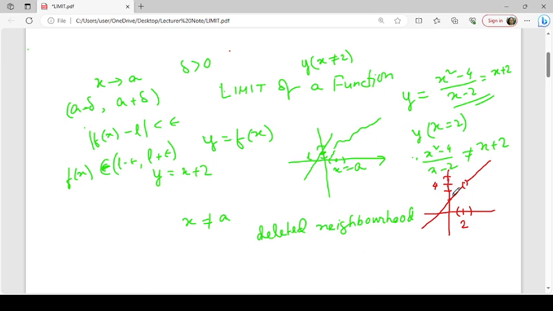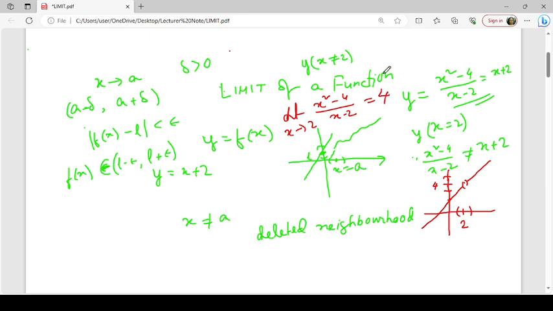So we say this 4 is the limit of f(x). f(x) means this function, x square minus 4 by x minus 2, as x approaches 2. So we write limit of x square minus 4 by x minus 2 when x approaches 2 is equal to 4.